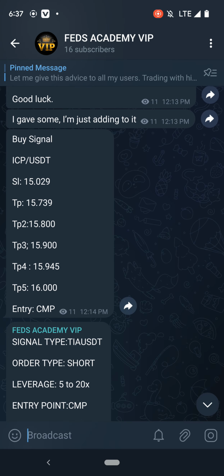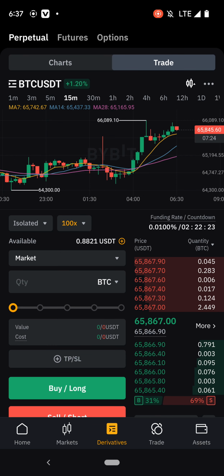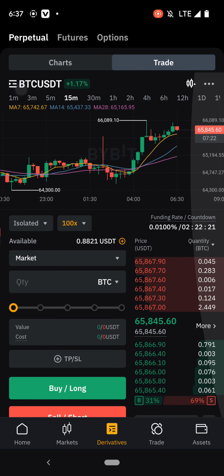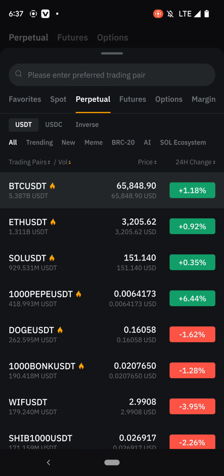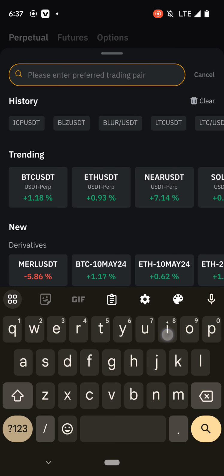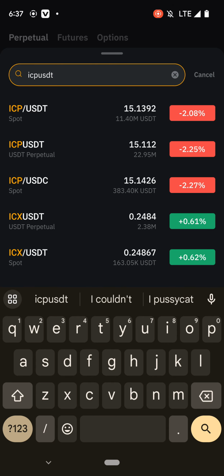So the first thing is for me to go to my account and search ICP. Here where I have this BTC, since I'm not trading BTC, I'm trading ICP. I'll just click on it and I take ICP USDT. See, they have given me ICP spot, ICP perpetual. Always make sure you take the one with perpetual.